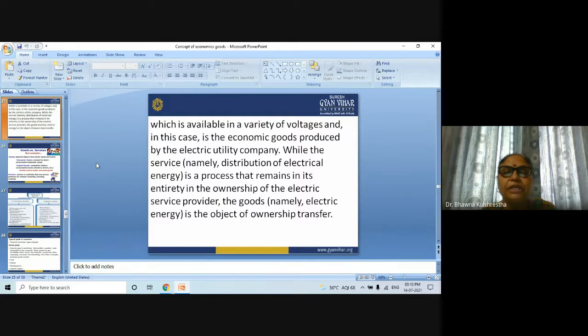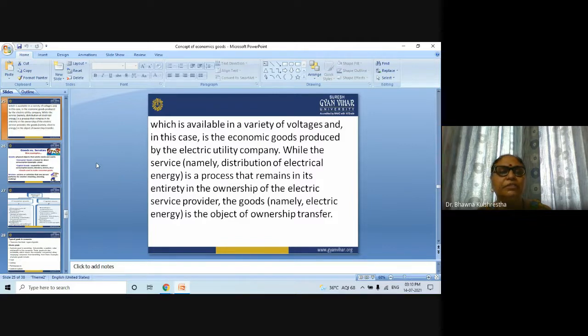The good, namely electric energy, is the object of ownership transfer, and the consumer becomes the owner of the electric energy by purchase and may use it for any lawful purpose, just like any other goods.